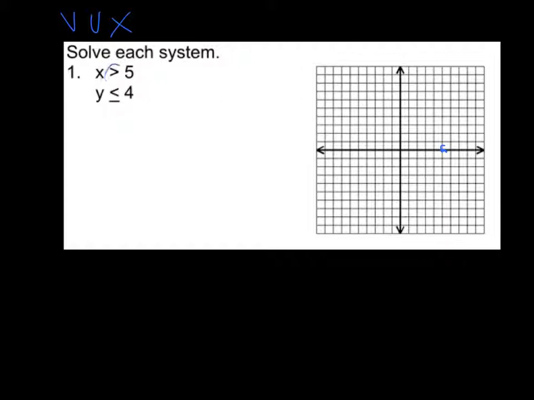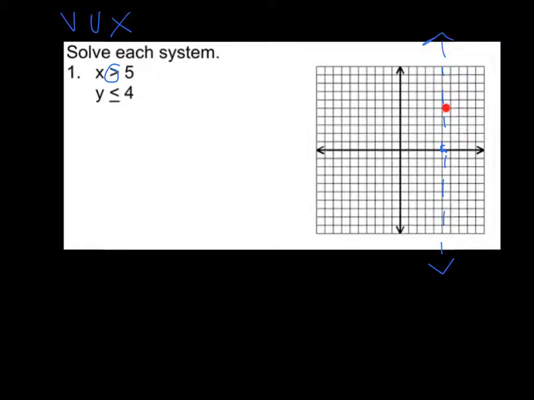However, because this symbol is just greater, I know that line is actually a dashed line. Because of what I learned when I was graphing inequalities, I know that only if it has a little line under it, like this second one, the equal to, is my line solid.